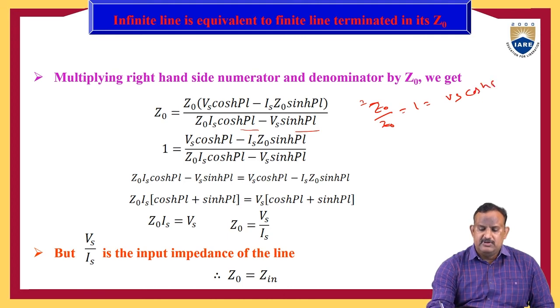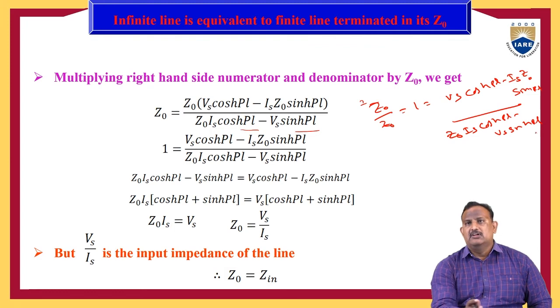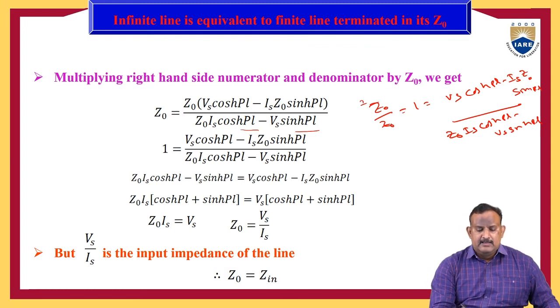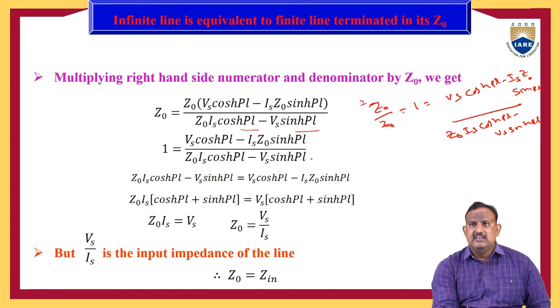So we have Z0 equal to Vs cos hPL minus Is Z0 into sin hPL by Z0 Is cos hPL minus Vs sin hPL. If you cross multiply the equation, it is Z0 Is cos hPL minus Vs sin hPL is equal to Vs cos hPL minus Is Z0 sin hPL.